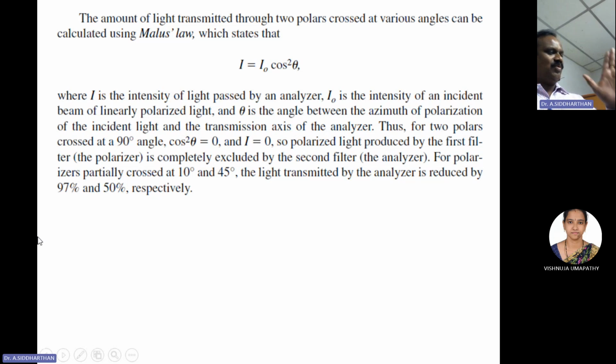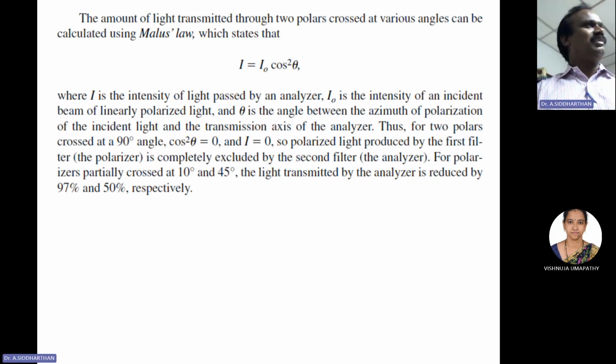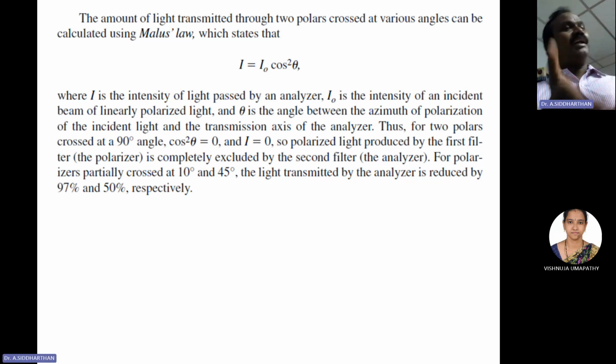So if I'm using an analyzer, light is now going in this direction and enters. I use another one, which you call a polarizer, or suppose this is the door window. I just make a twist of it.